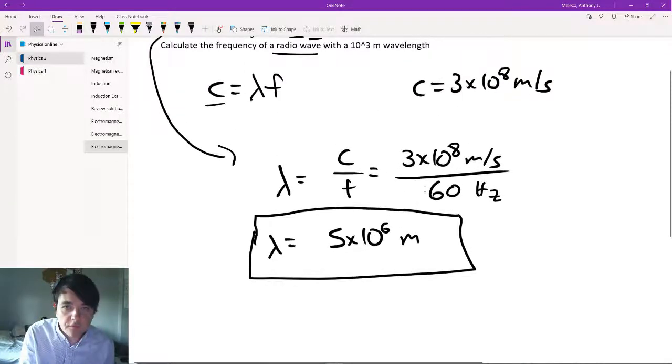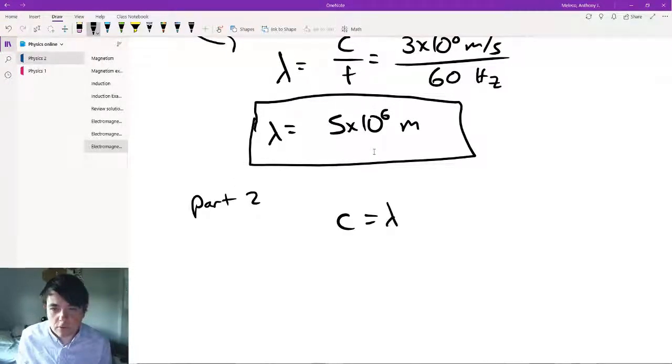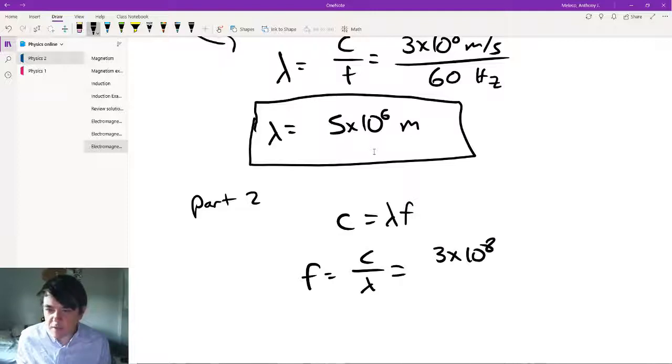So for the second part, part 2, you're going to use the same equation, but this time you're going to solve for, sorry, I'm losing it, frequency this time. So wavelength equals C over the frequency, so the frequency is 3 times 10 to the 8th over 10 to the 3 meters, which is just 1,000.